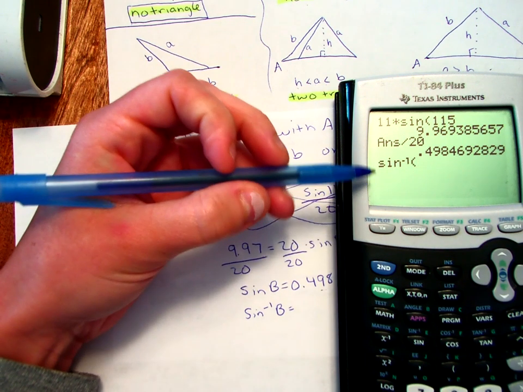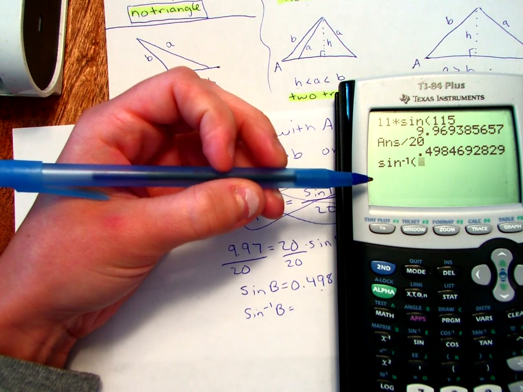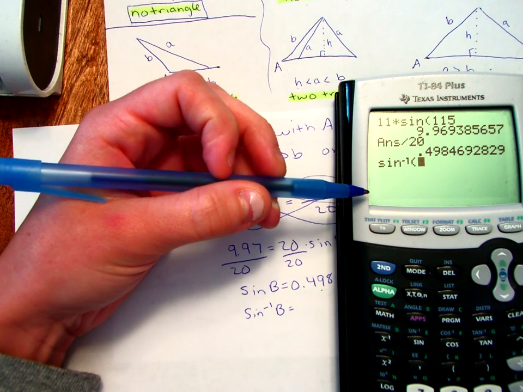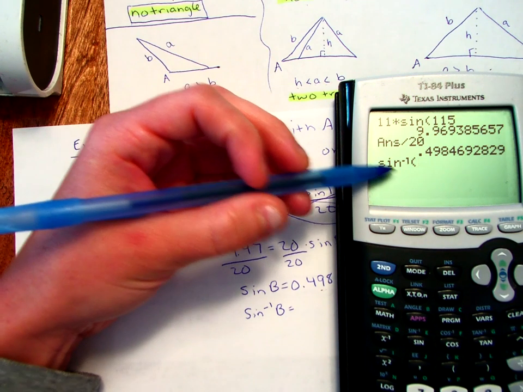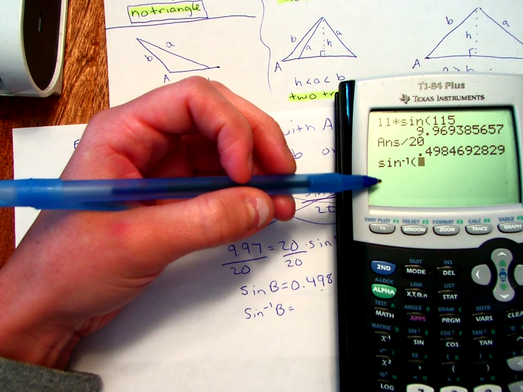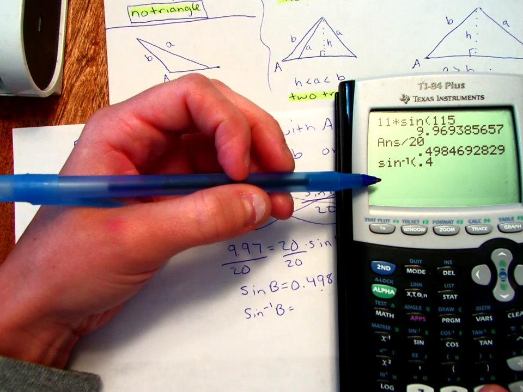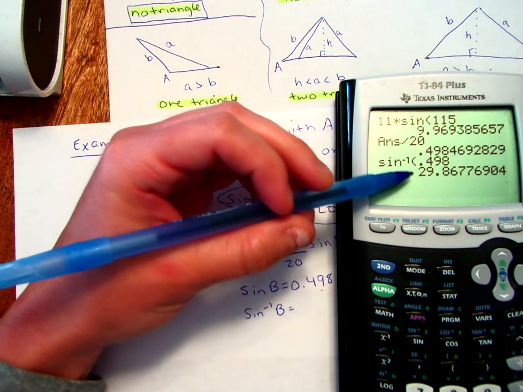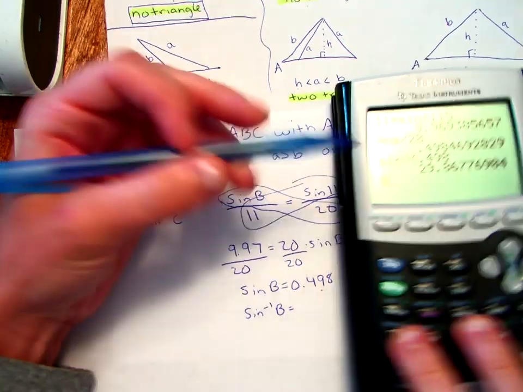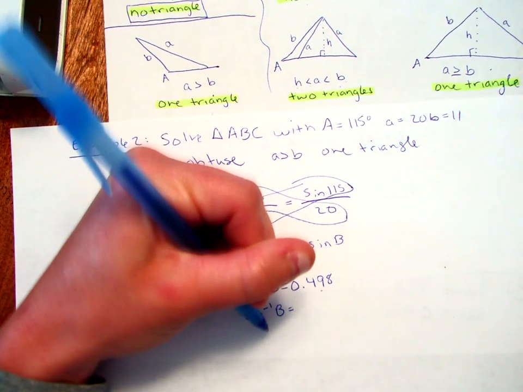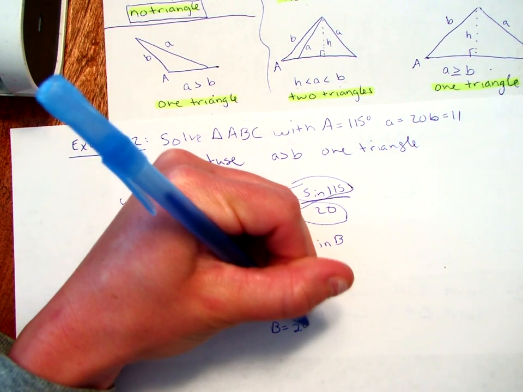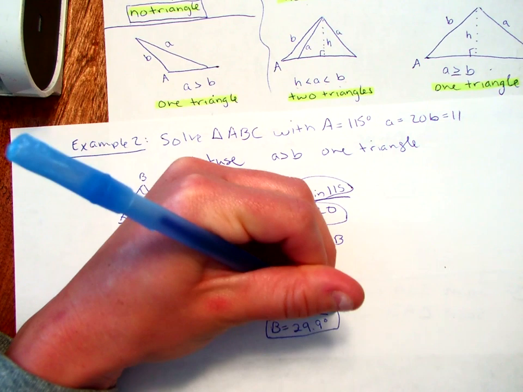Now, I know all of you don't have this graphing calculator, but we talked about the Desmos scientific calculator that will have this. I just wanted to show you what the symbol looks like. Of 0.498, and you get 29.9 degrees because that's what we're looking for. So B equals 29.9 degrees.